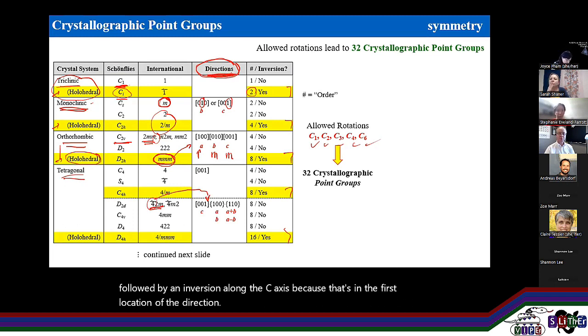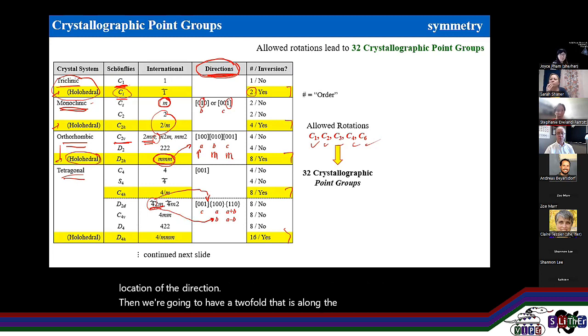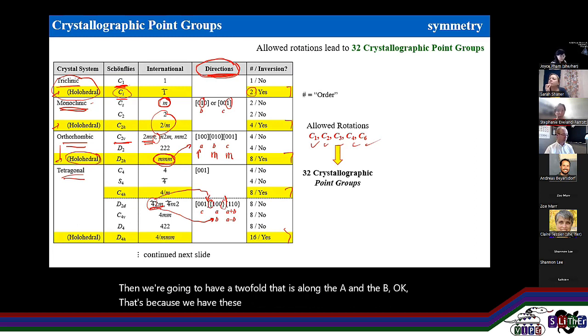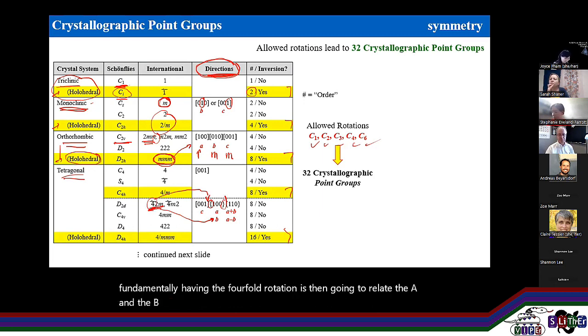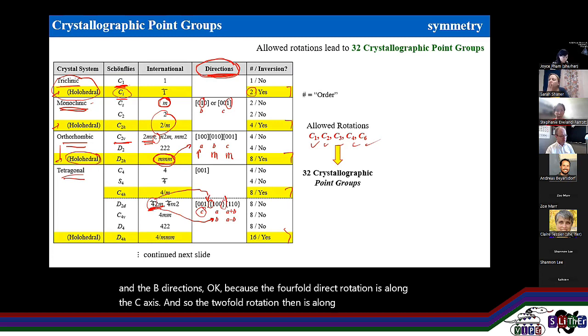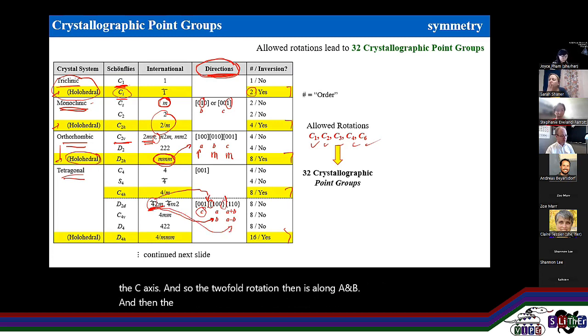Then we're going to have a 2-fold that is along the A and the B. That's because we have these brackets right here. And that's because fundamentally having the 4-fold rotation is going to relate the A and the B directions, because the 4-fold rotation is along the C axis. And so the 2-fold rotation then is along A and B. And then the mirror plane is along the diagonal, essentially.